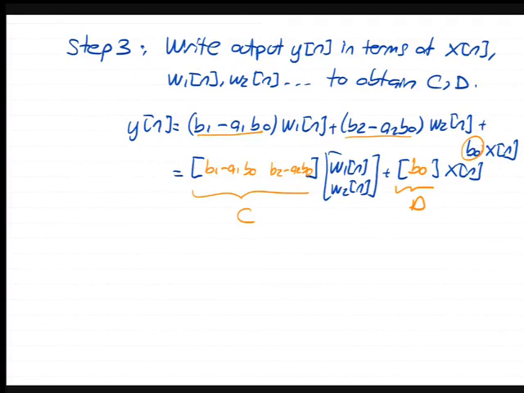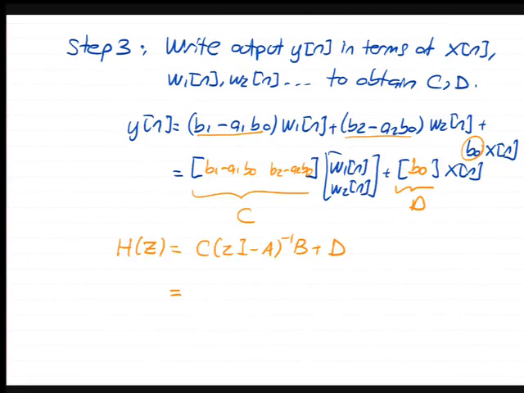Now you know your ABCDs. You can plug them in here. C times zI minus A inverse B plus D, and you get the transfer function. I'm not going to do this. I could, but you know, it's tedious. But the answer, guess, is what? Anyone wants to take a guess?